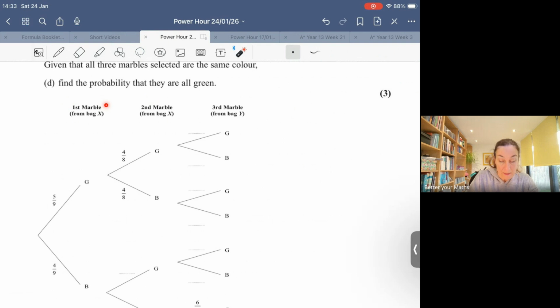So the first marble from bag X could be green or blue. Because we have 5 green and 9 marbles, the probability of green is 5 out of 9, 4 out of 9 the blue one. So that, even if they don't give you that, would be easy.